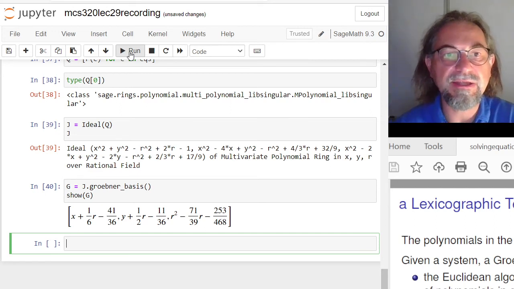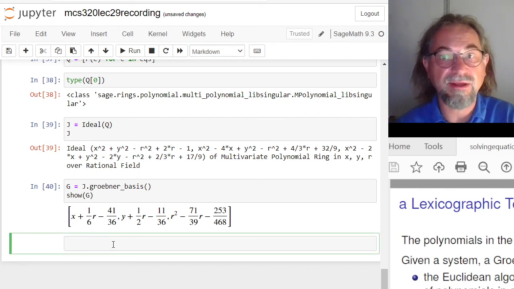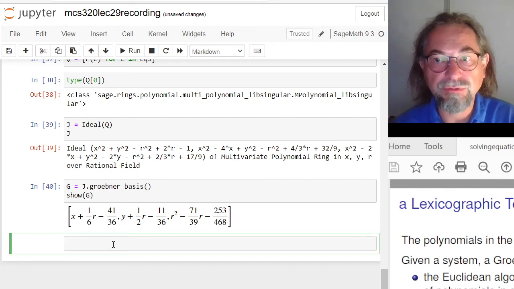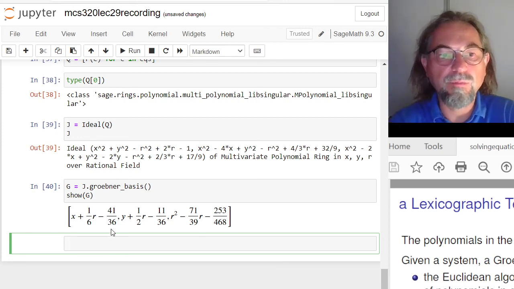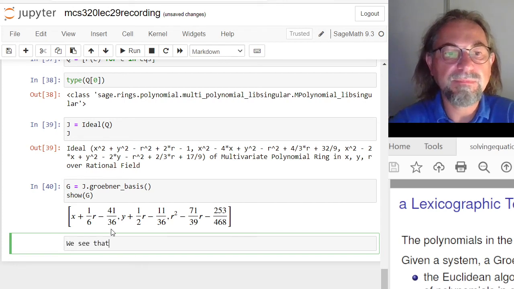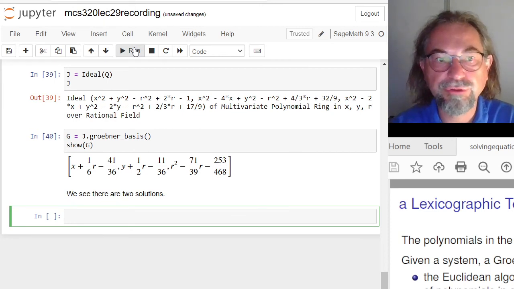We have three quadratic equations, 2 times 2 times 2. We might think that there are 8 solutions, but no, there are only 2 solutions. That's the important conclusion here.